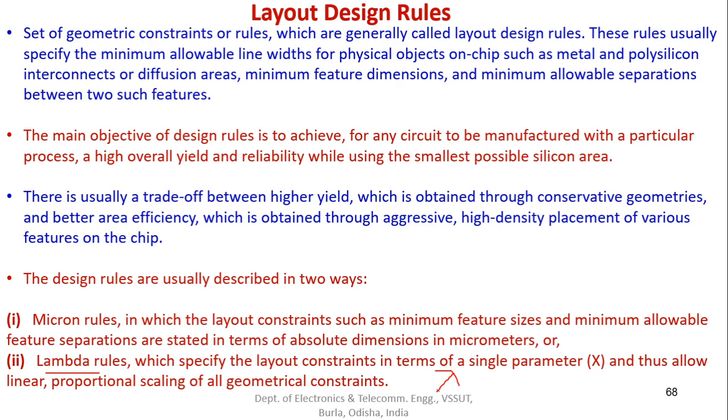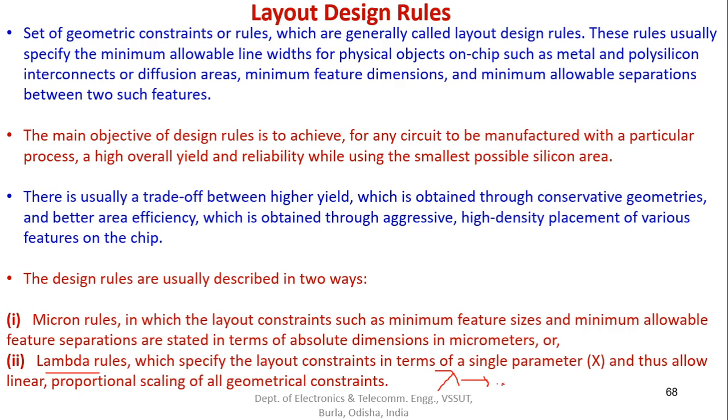So it may be 1 lambda, 2 lambda, 3 lambda, 4 lambda, 5, 6, 6.5, 7, whatever. So all the parameters, all the distances, all the dimensions, length, width will be some multiple of lambda. And lambda will be the smallest quantity, obviously. So it will have some value.